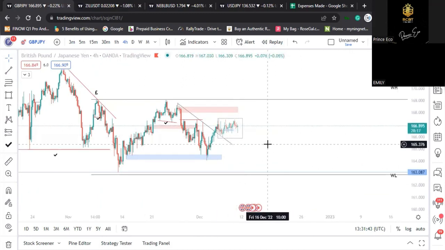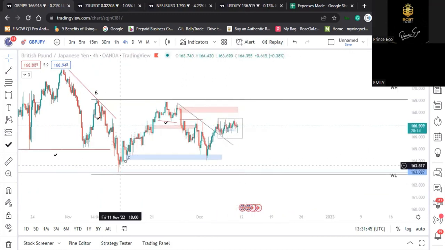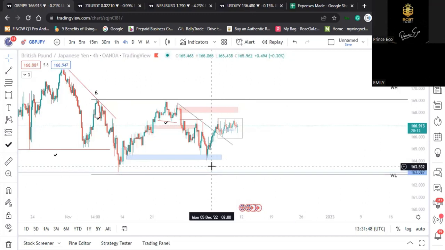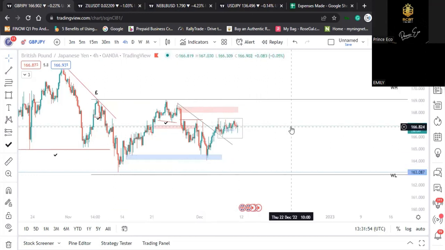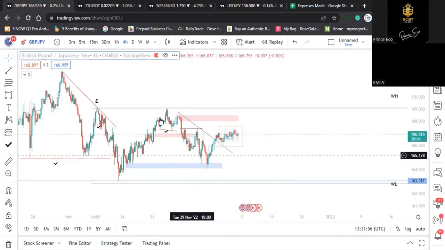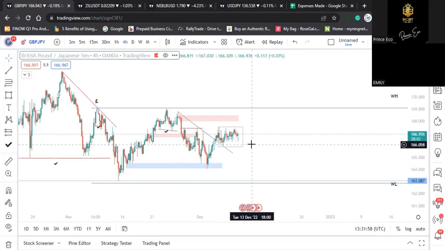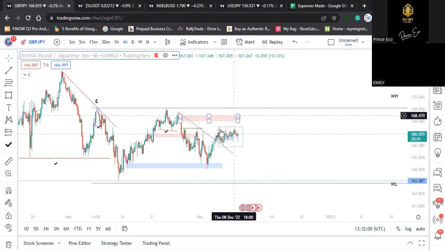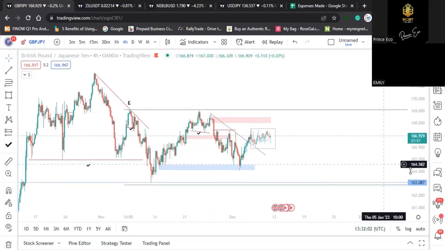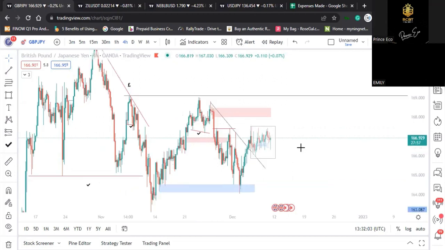Now the market is giving us liquidity here, right? I'm seeing liquidity here, but I still expect the market to... Now, break and retest traders will say this is a breakout. But even if I want to trade, I don't trade break and retest.